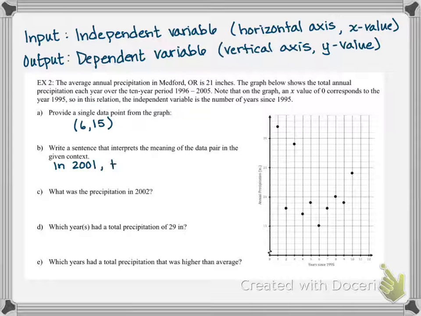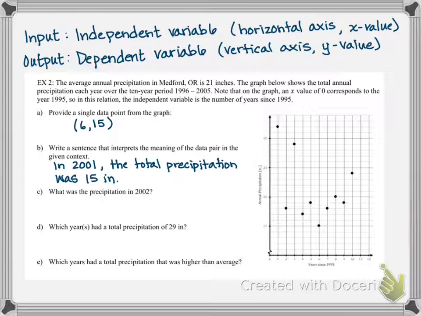Yep, so the total, I shouldn't say rain because snow counts too, but the total precipitation was 15 inches. And notice this is the total for the year, and that's why the points aren't connected. We're not talking about how much precipitation there was in March or April or May. There can only be one total precipitation for the entire year each year.